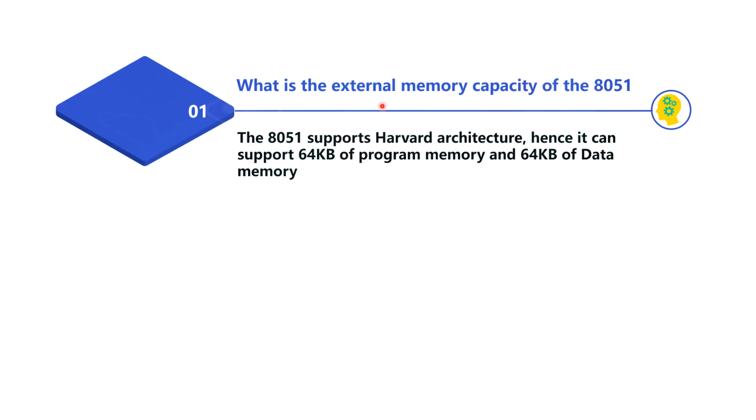What is the meaning of this Harvard architecture? Basically, that is the architecture; Harvard is a scientist's name. You can read up on what the Harvard architecture is. Generally we use this Harvard architecture in microcontrollers.